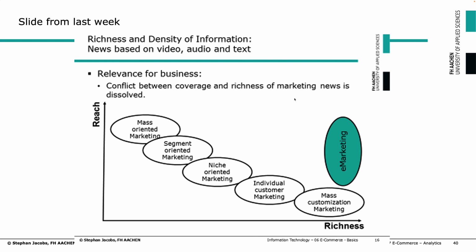Or you can have a talk, for example, directly an interview with a customer, and you have very rich information, but you have a low reach because you only reach a single person. Now having e-marketing and being able to track lots of people, creating profiles automatically, you can hand out information which is individualized to each person, and you can do it for very many persons. So the conflict between reach and richness, at least in part, is solved.